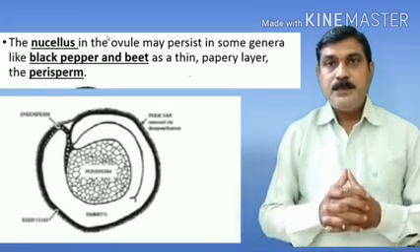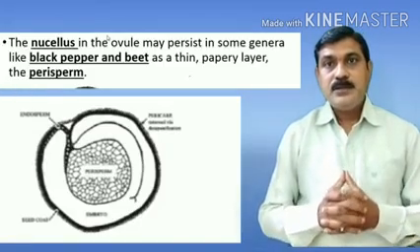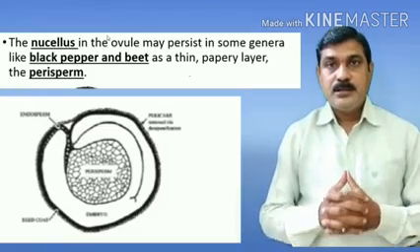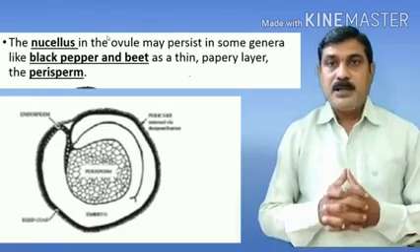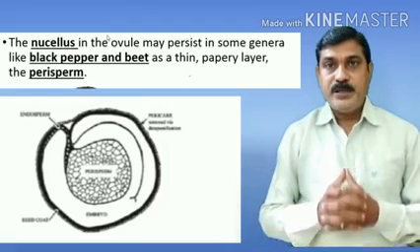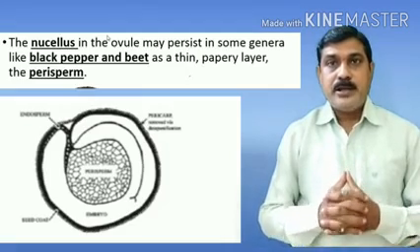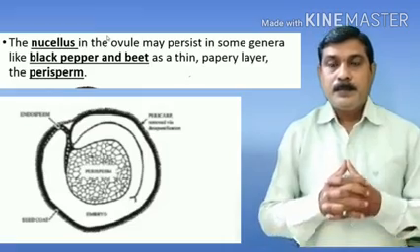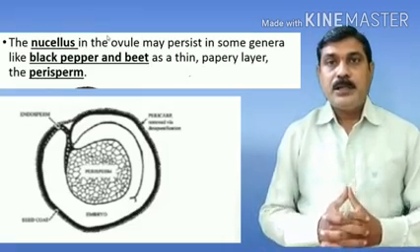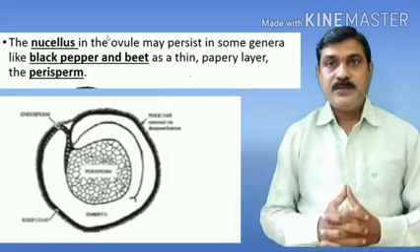The nucellus of the ovule may persist in some genera like black pepper and beet, and develop thin peppery-like layers known as perisperm.